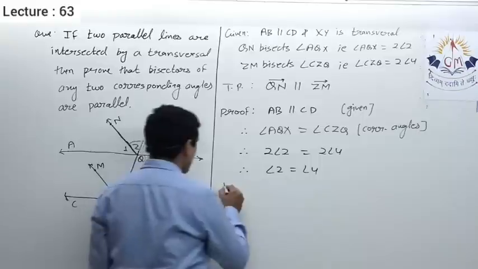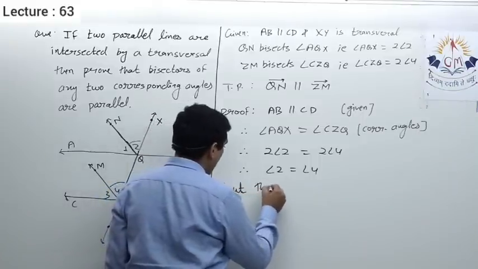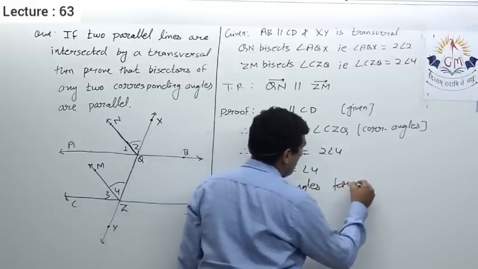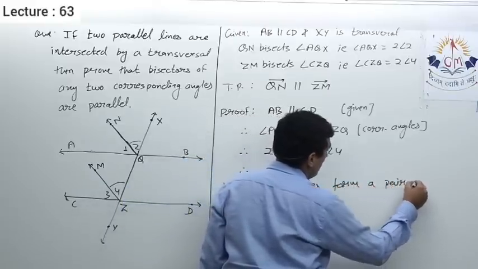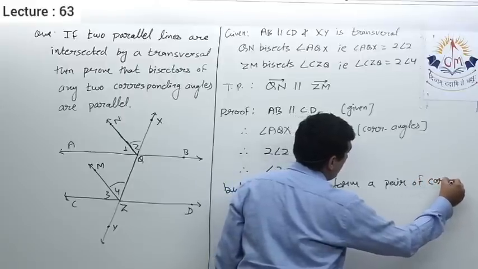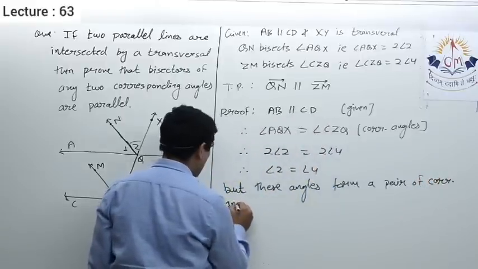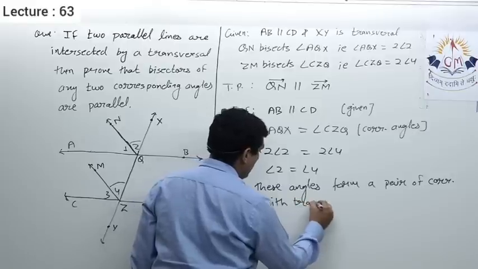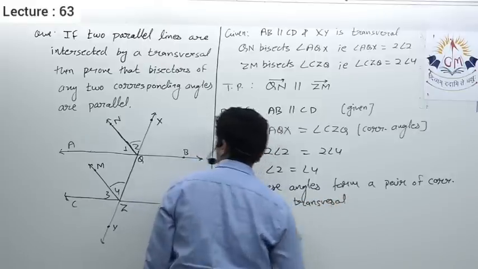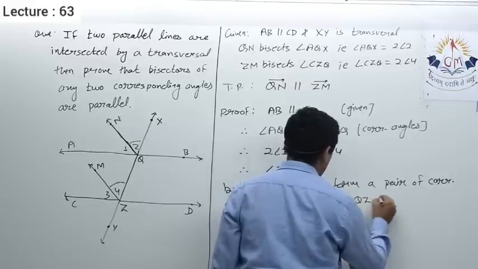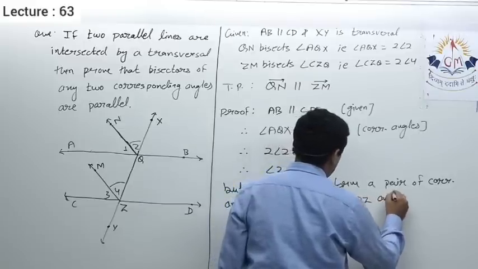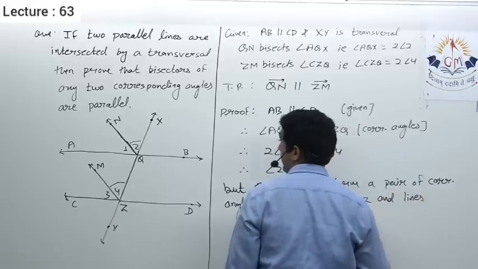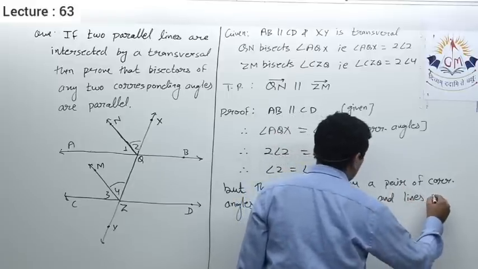But these angles form a pair of corresponding angles with transversal QZ and lines QN and ZM.